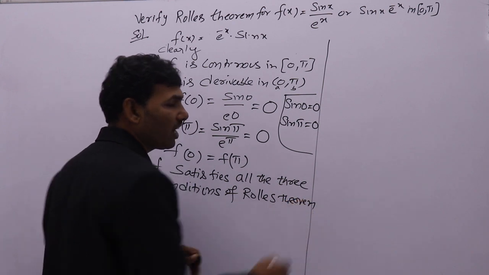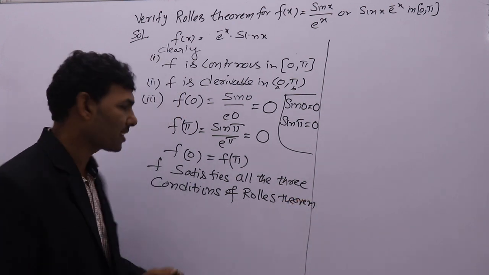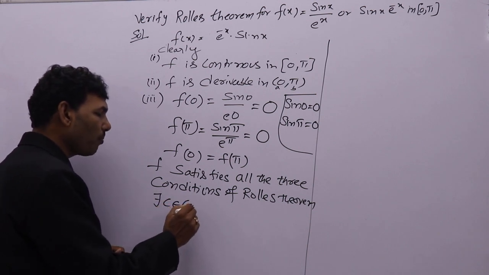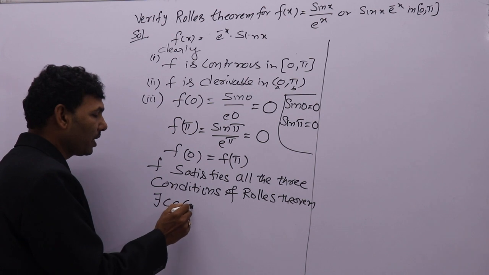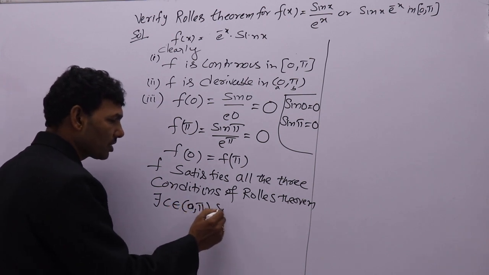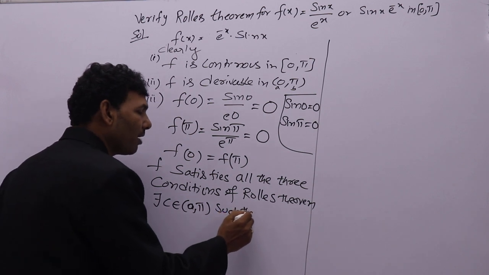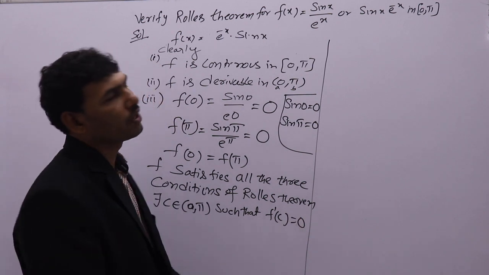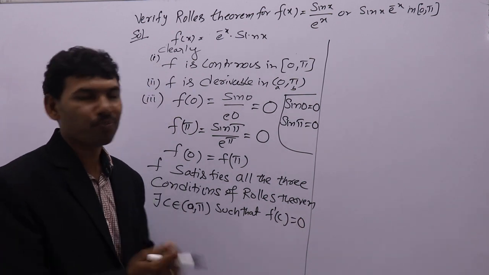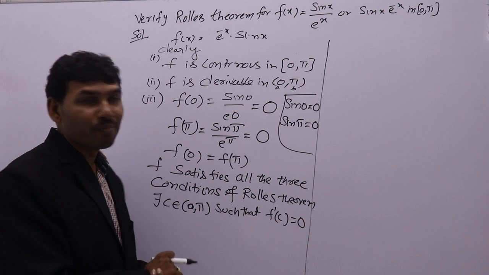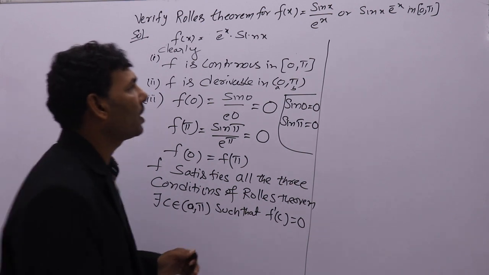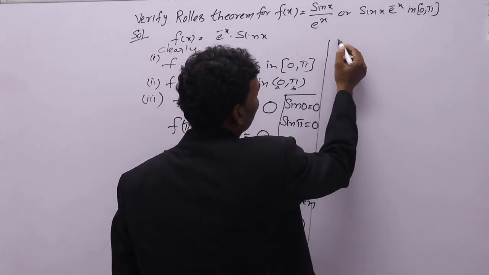If a function satisfies all the 3 conditions, there exists c in the open interval (a, b). Here (a, b) is (0, pi), such that f dash of c equals 0. Now we are going to check whether there exists c in between 0 and pi such that f dash of c equals 0. For that, first find out f dash of x.